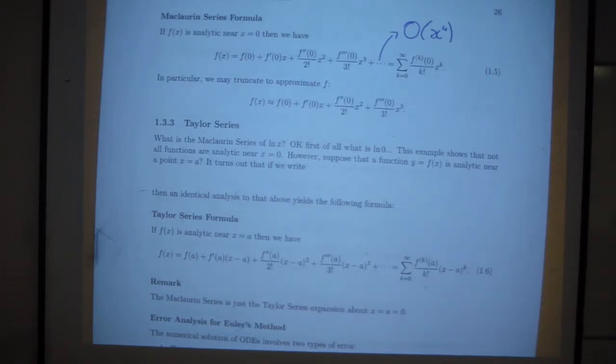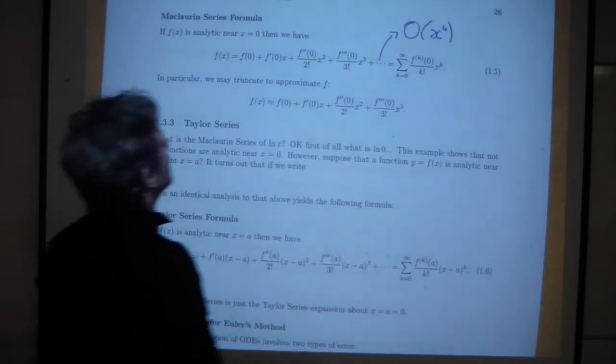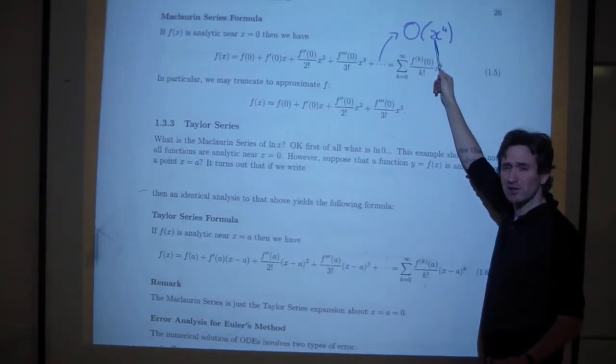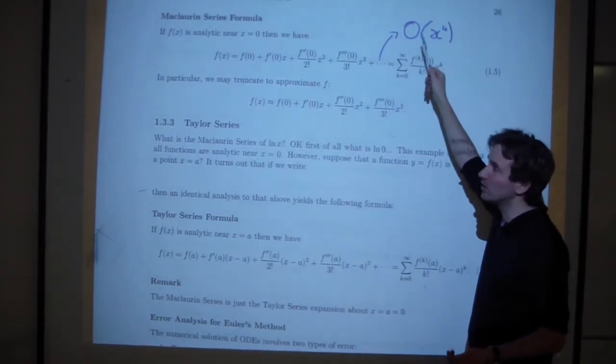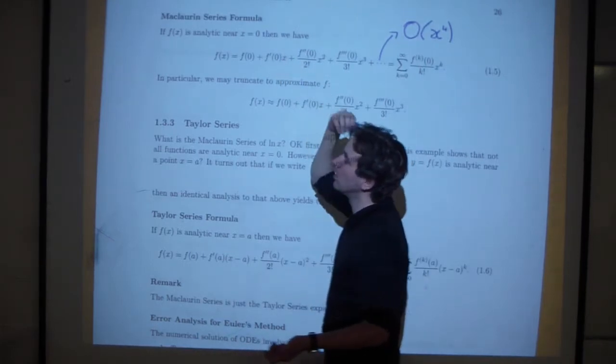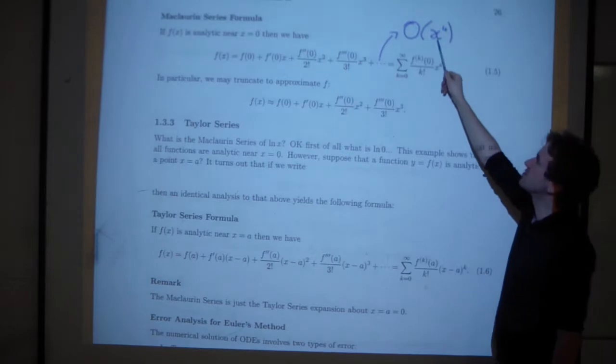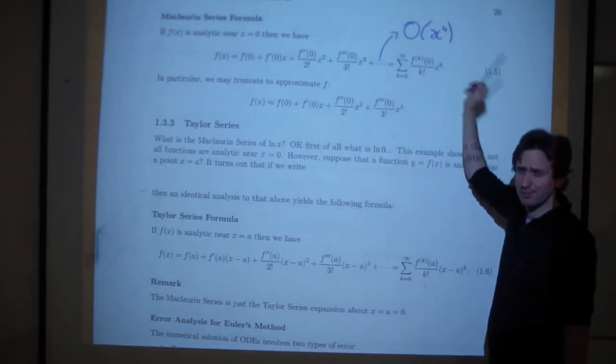But what I'm interested in saying here is that if x is close to 0, I'm saying that x is small. And when I say small, I mean less than 1 in absolute value. So if x is small, x to the power of 4 is small as well.